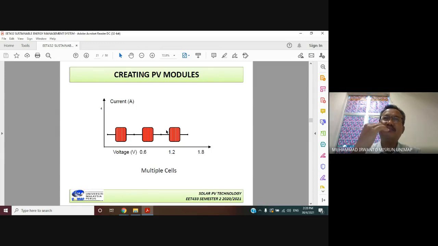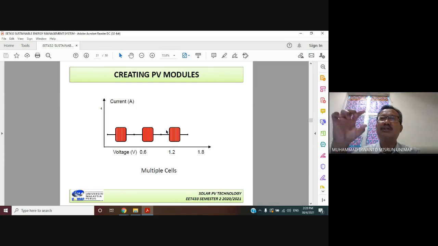it is the same as, or we can refer to, the connection of batteries. Because we know that when batteries are connected in parallel, the total voltage remains and the current increases. If batteries are connected in series, the total voltage of the battery is added.